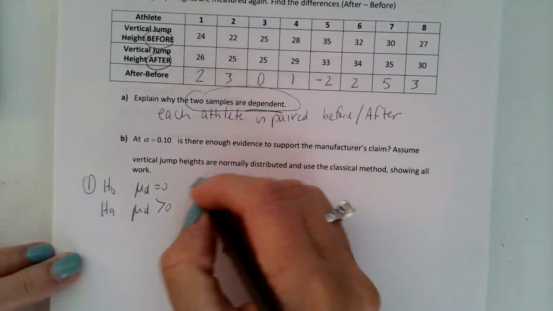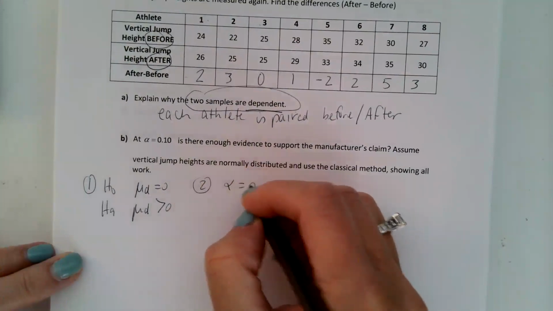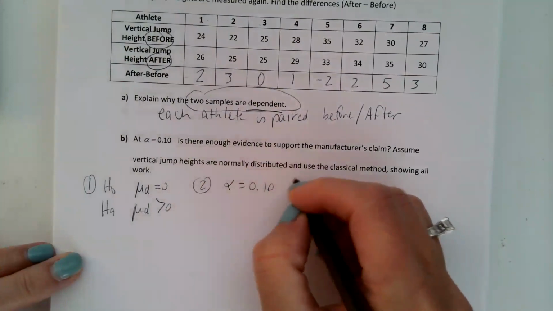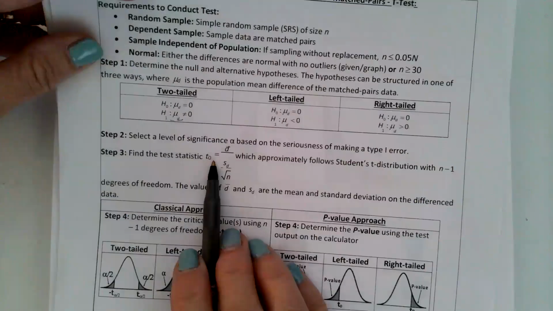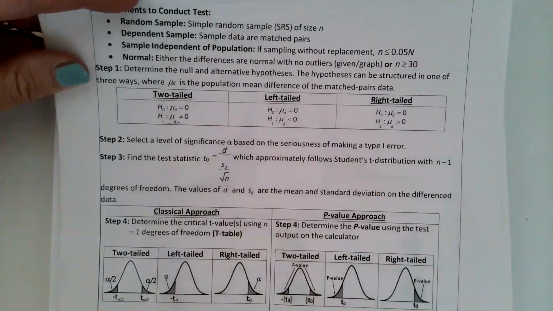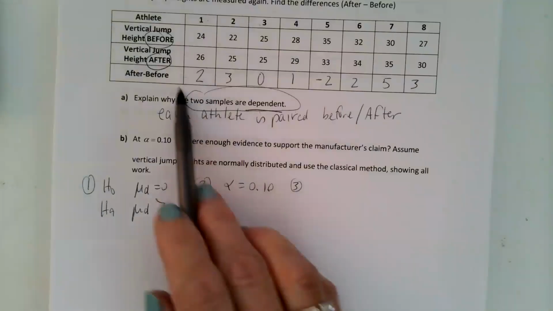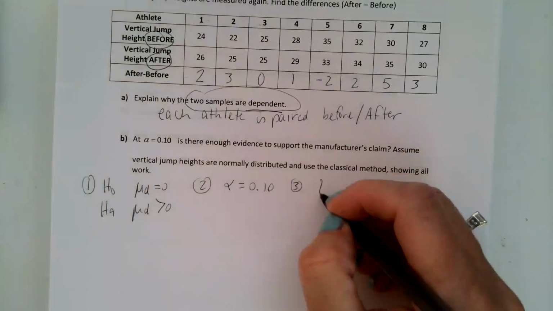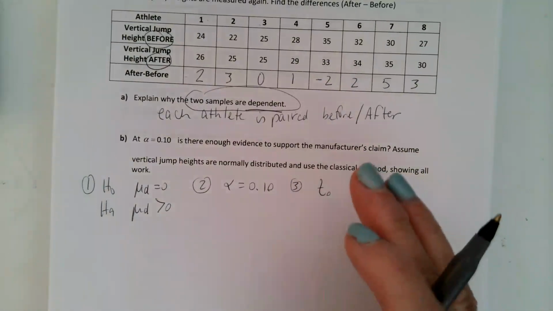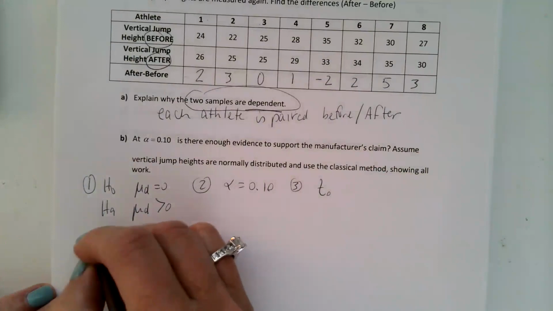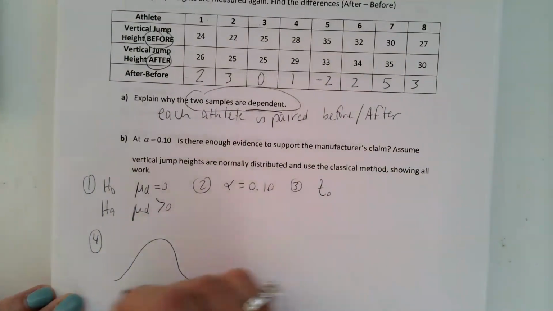Then alpha is equal to 0.10. Step 3 is going to be a critical T, because we're basically just doing a one sample now, because our sample is just these difference values. So it's going to be a T distribution. Make sure you pay attention to that. We can just go to our program in Desmos for a one sample mean.